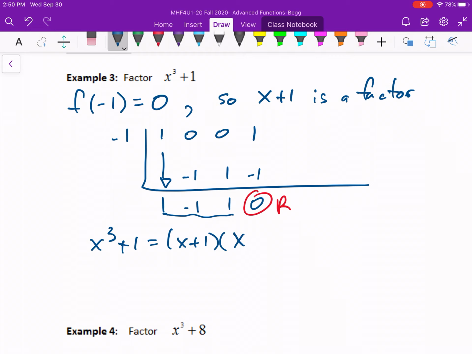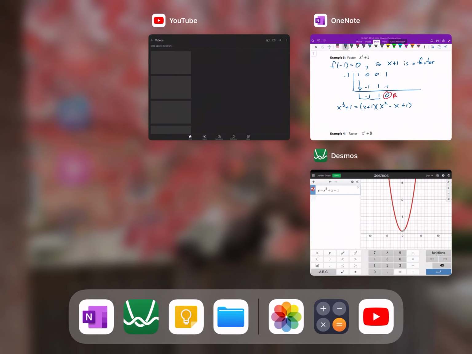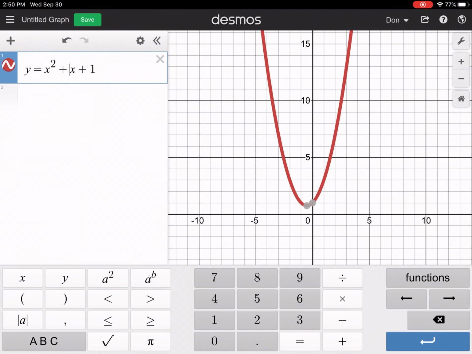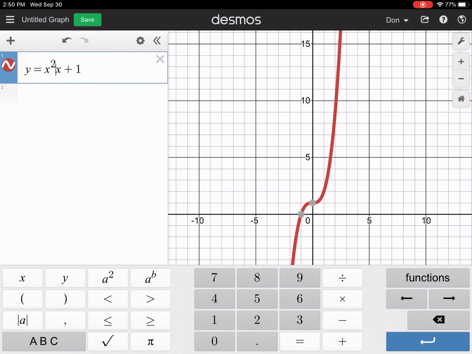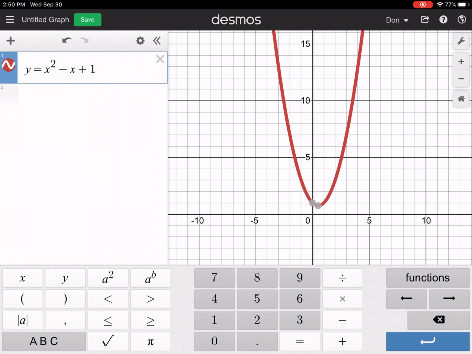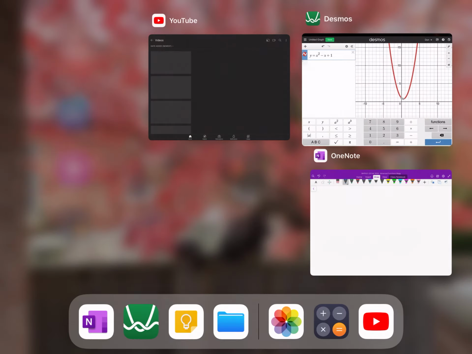So 1x squared minus 1x plus 1, which again is not going to factor anymore. X squared minus x plus 1, two numbers that multiply to give positive 1 and add to give negative 1. It just doesn't happen. As you can see, it doesn't cross the x-axis when I graph it.